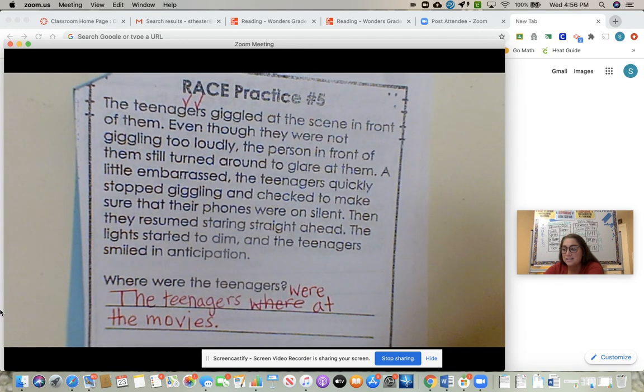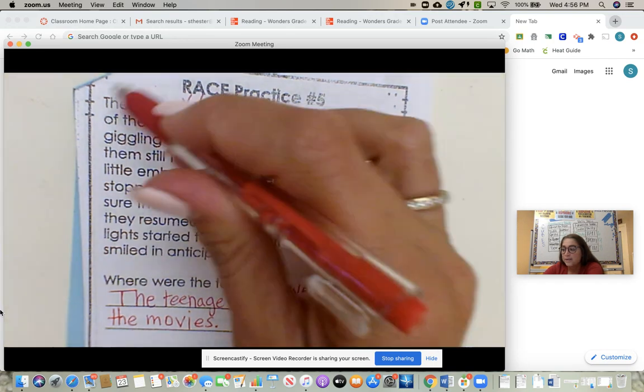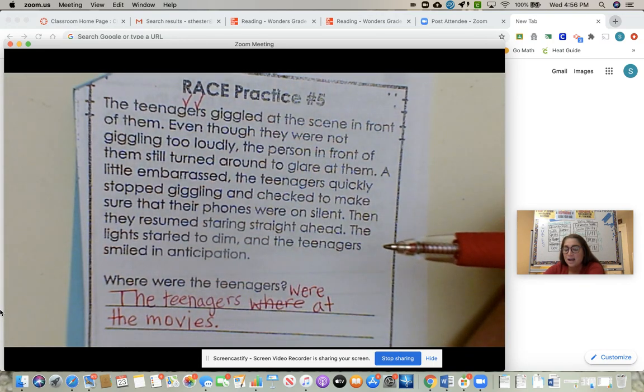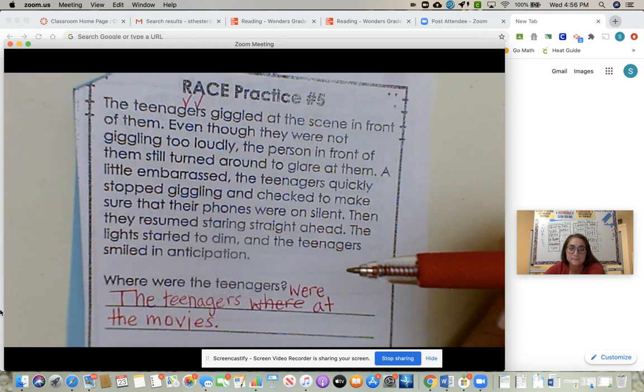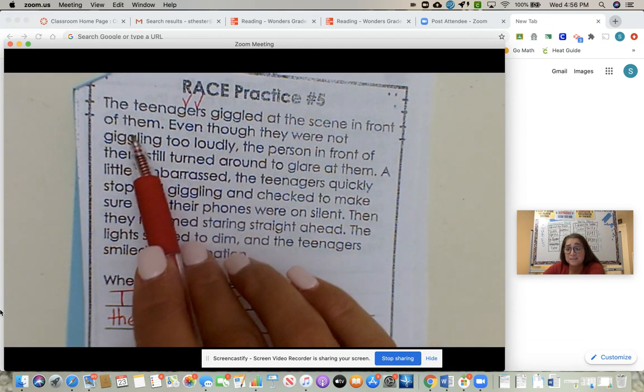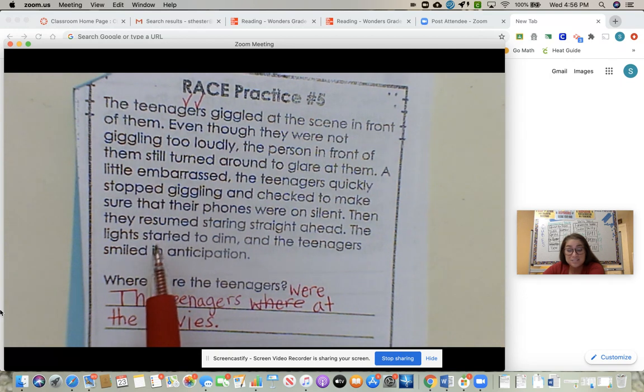Now we're going to cite our evidence. We need to look back in our text and figure out, how do we know they were at the movies? What makes us think that? Well, let me see. There's a few things. I've never read this one before, and I wasn't sure where they were.